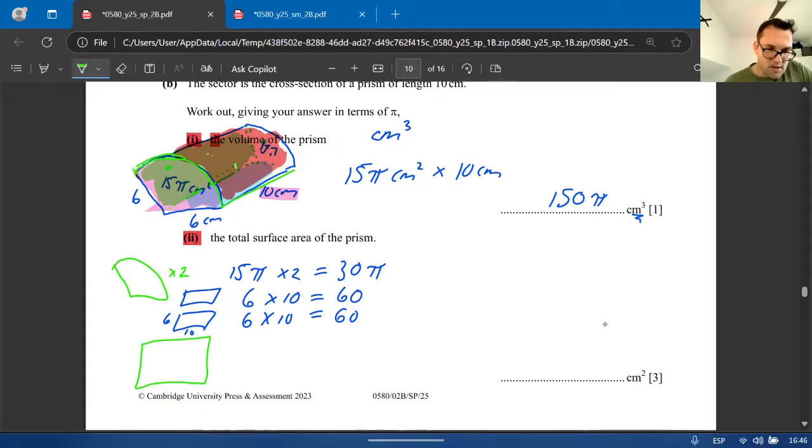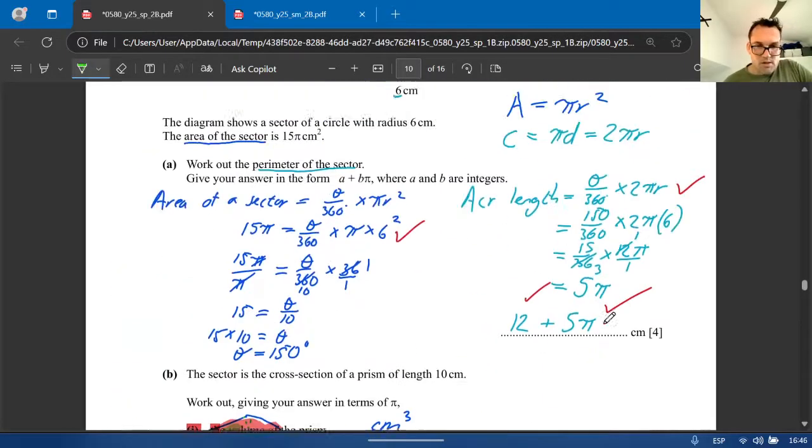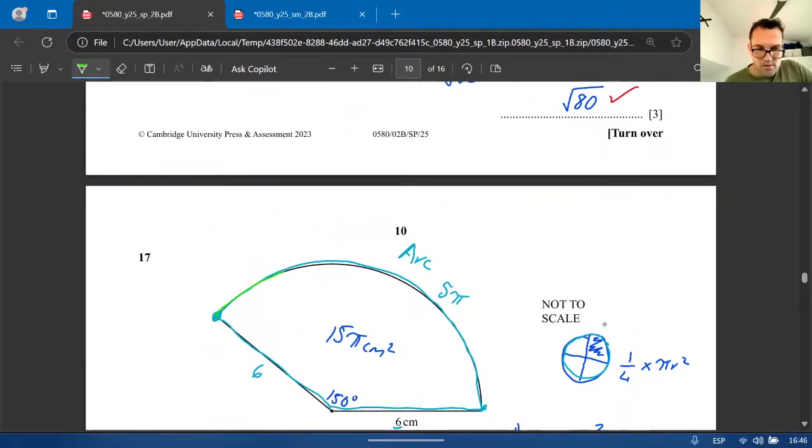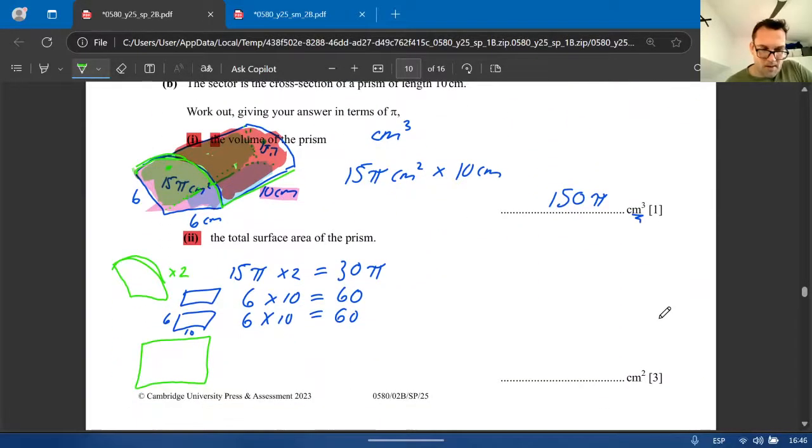And that curve here is this curve here. It's a rectangle attached to that. So that length is 5 pi, and the length again is 10. So for that one, we're going to do 5 pi times 10, which is 50 pi.